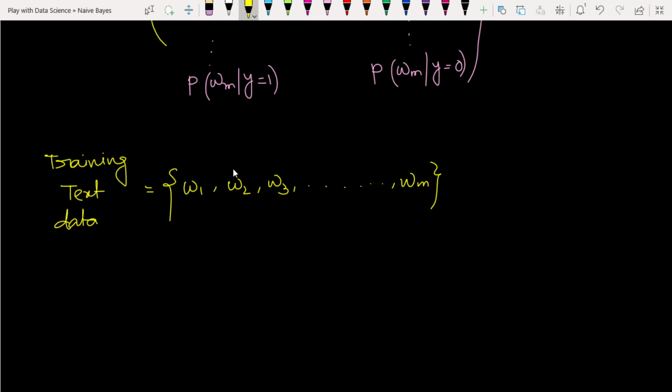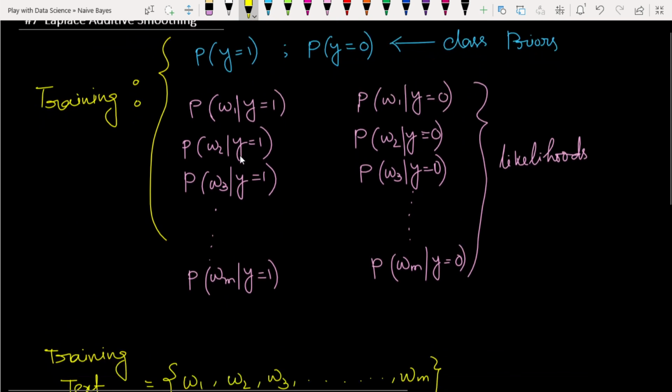In our whole training text data, we have only m number of words, w1, w2, w3 up to wm.